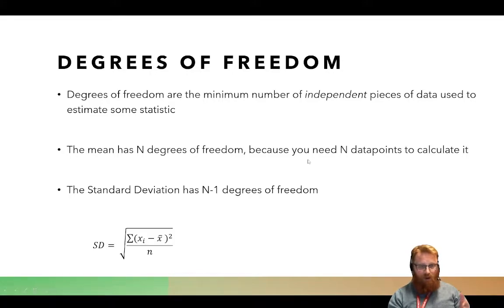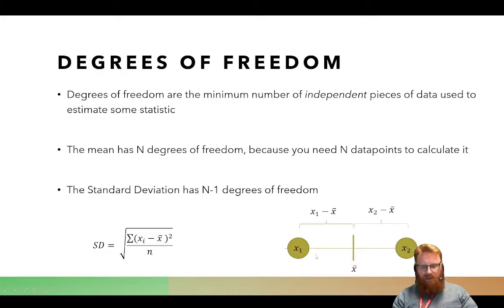Well, why is that? Let's look at the equation. We calculate the standard deviation by taking the square root of the sum of each data point, xi, minus the mean of all of those data points. We square them, we sum them up, and we divide by n. So what does that mean? It means that we don't need to know the last data point, because the mean is exactly halfway between two.